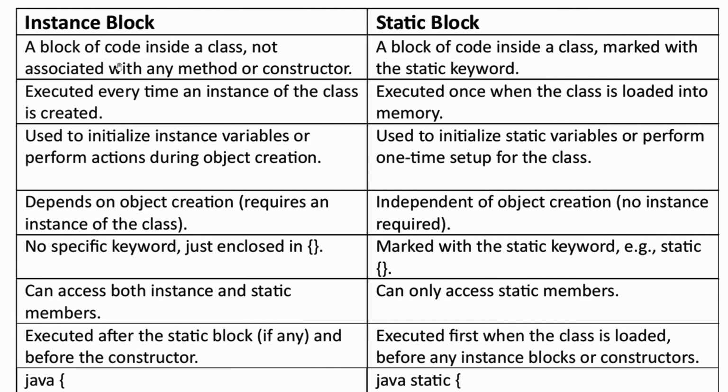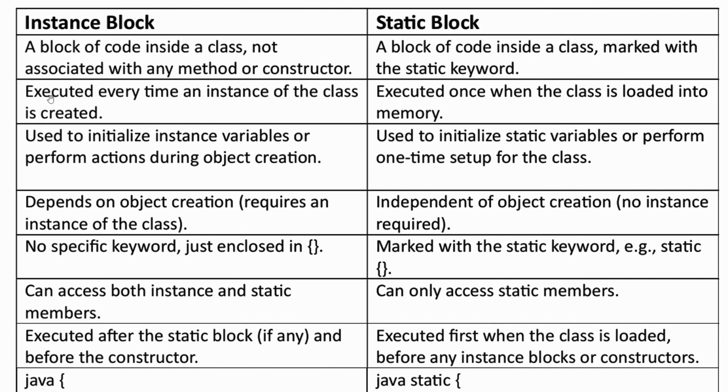So basically, an instance block is present inside a class and it is not associated with any constructor or method. A static block is marked with the static keyword, so we can easily identify it, but in an instance block there is no specified keyword. There are simply curly braces.